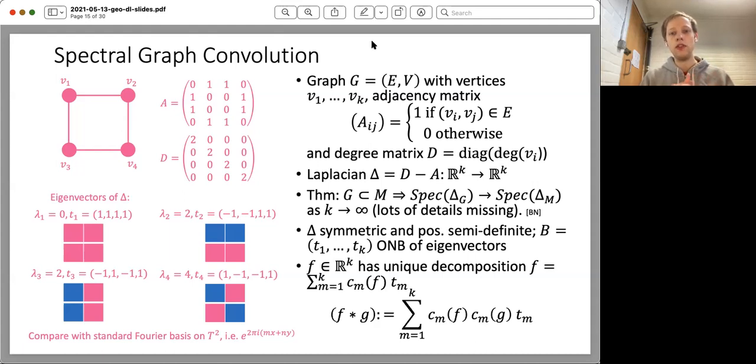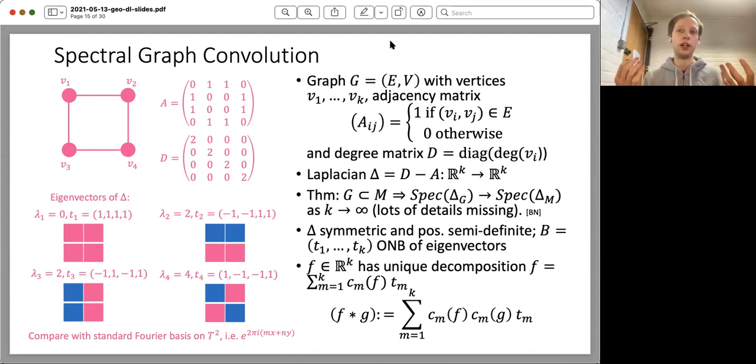But now that you have your orthonormal basis, you can uniquely decompose every vector in R^k. So for example, we write f as the sum of Cm of f times Tm, so Cm is always the mth coefficient. And then you can define a convolution of two functions, of two vectors, f and g.